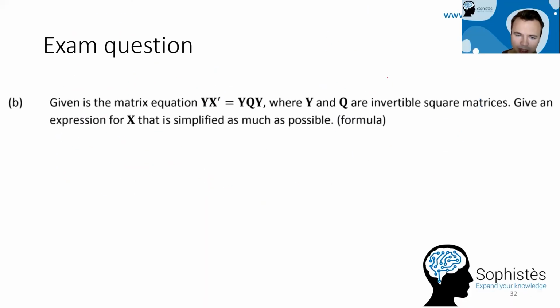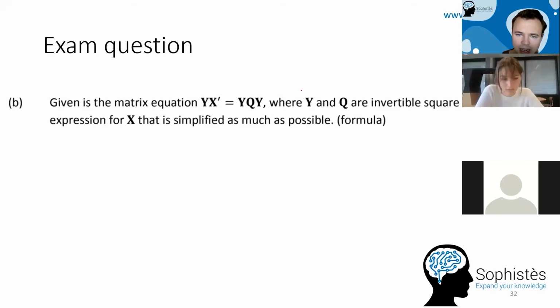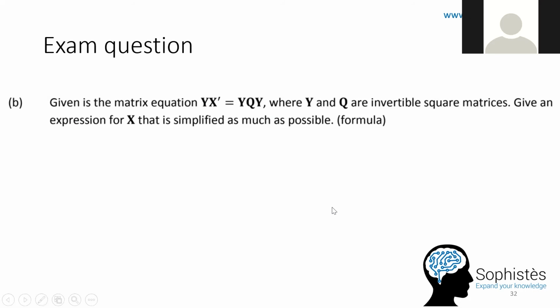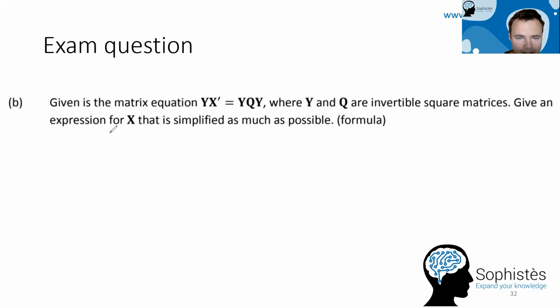So here I'm going to do an exam question, and I will ask one of you guys to maybe help me. For example, Monica, would you maybe like to help me? Sure. Okay. So we start with this equation here. Y x prime, and then y q y.